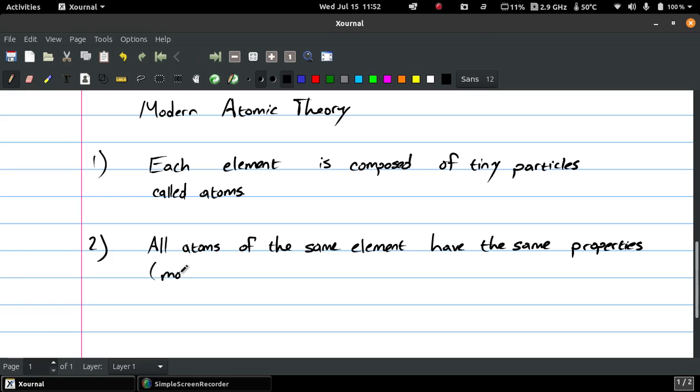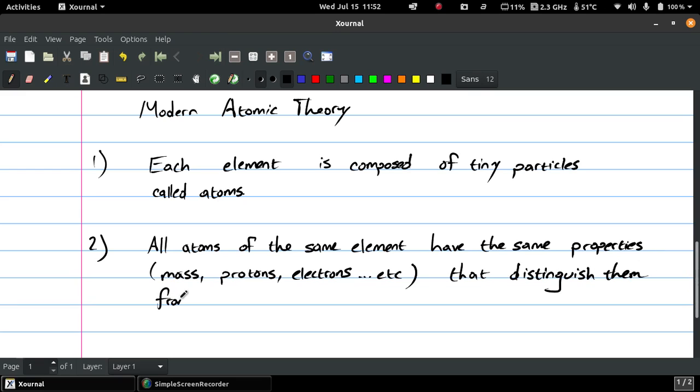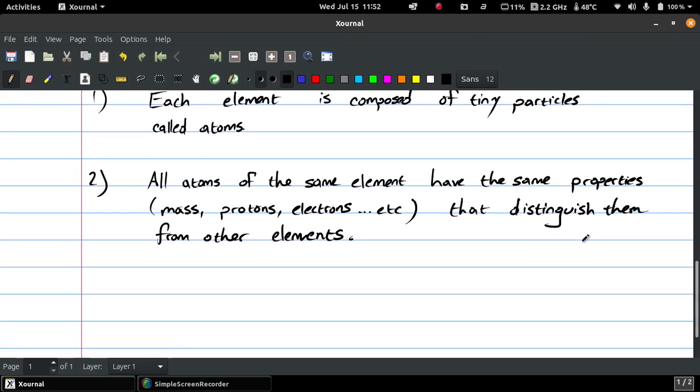So we'll put mass. Okay, so kind of elaborate.